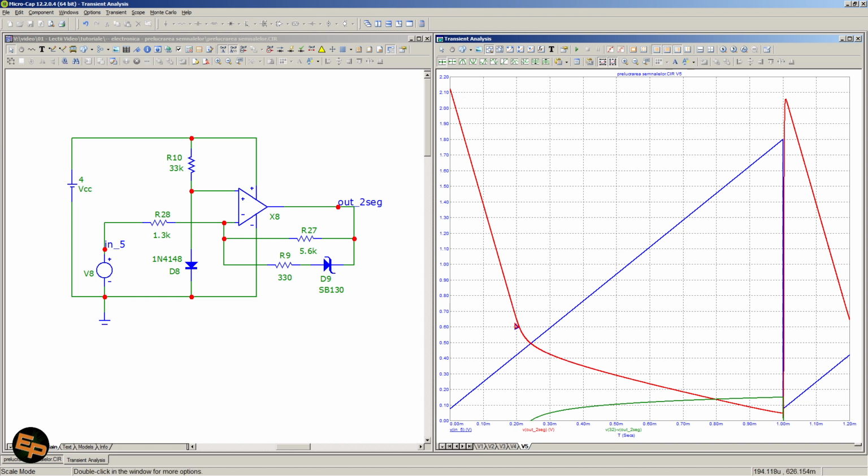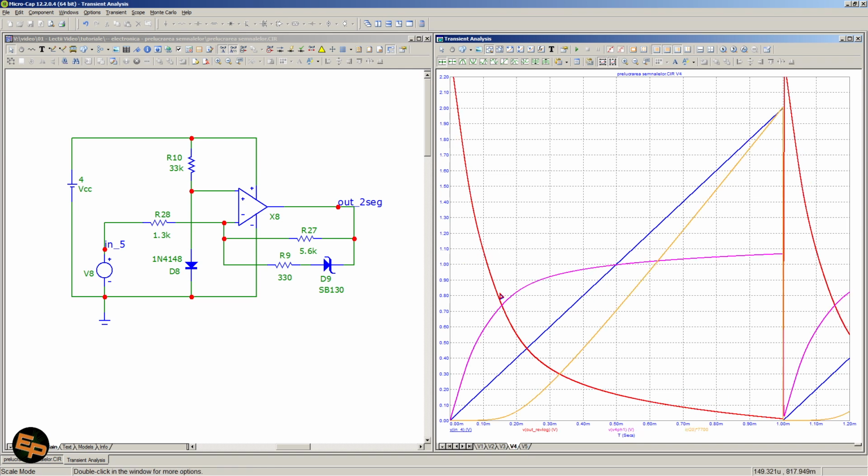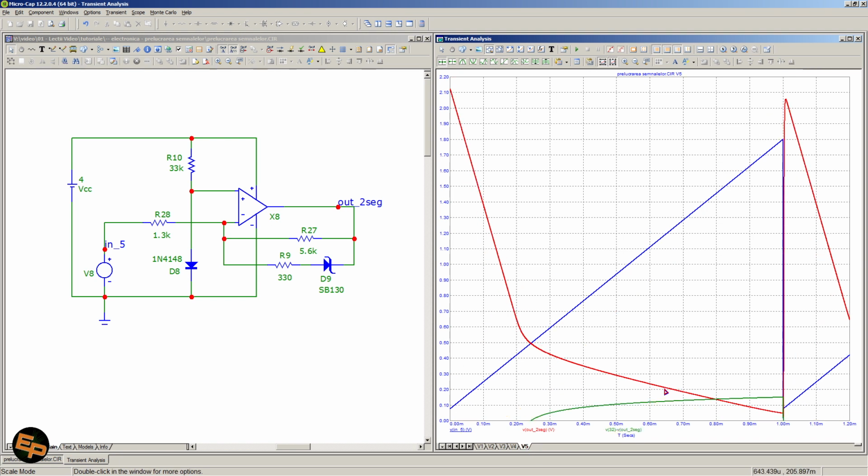It has just a little bit of a round shape at some point, and before that and after that, we basically have a straight line. This is the major difference between this circuit and the previous one. The previous one was more complex, but it gave us a more rounded curve. This one gives us a flatter curve.